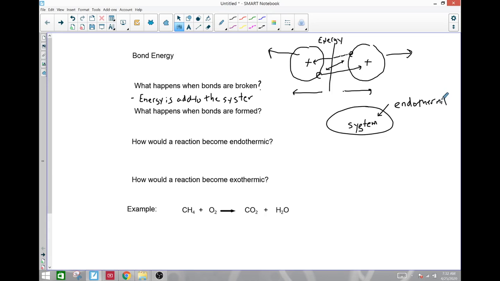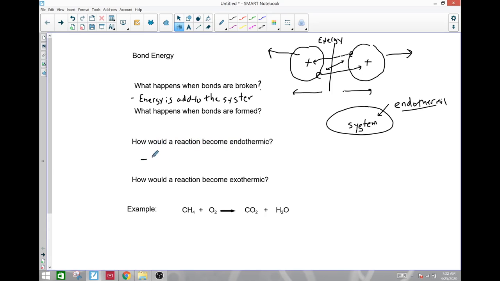So if you have a chemical reaction that only ever adds energy, only ever breaks bonds, then it's going to be endothermic. If you have a reaction that has to break more bonds than it forms, it's going to be endothermic. How would a reaction become endothermic?